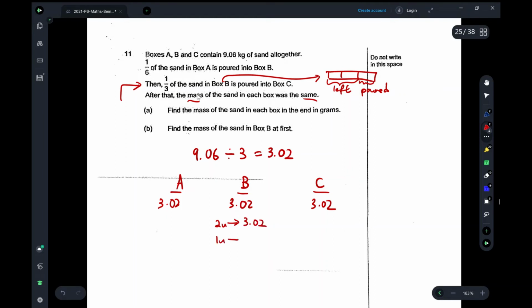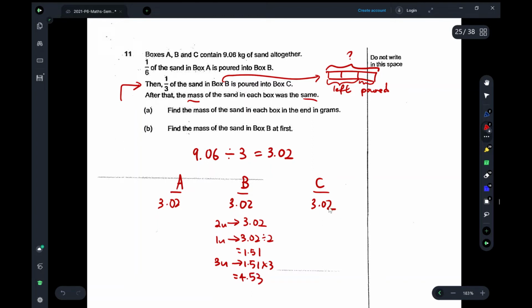So in order to find 1 unit, 1.51. In order to find before this happened, before the sand in box B was poured into C, which means I need to find this, the whole thing. 1.51 times 3. Okay, and box C is not supposed to have this much sand.